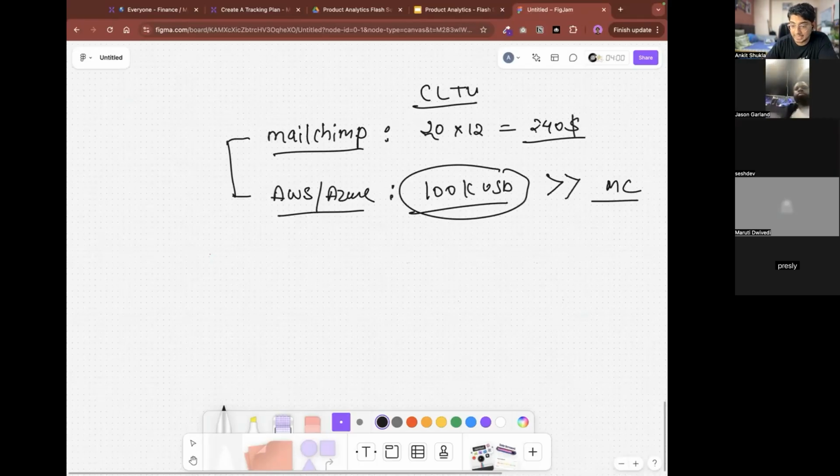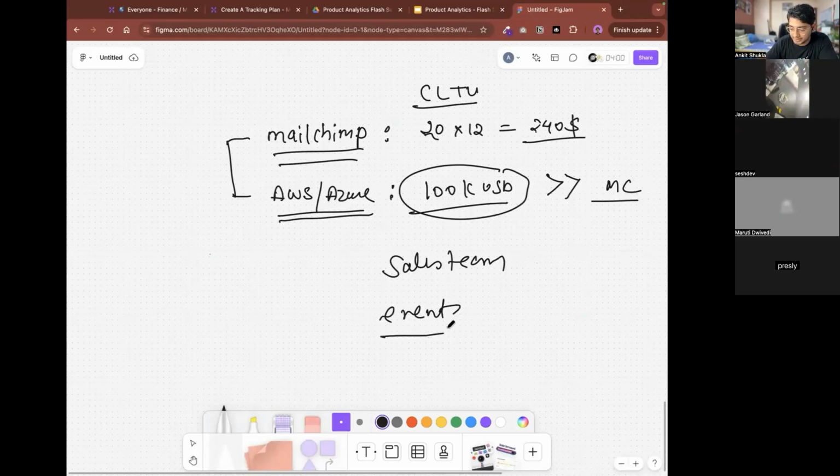Which also means that if AWS or Azure has to choose a sales or marketing channel, they can go with their on-ground sales team. They can sponsor events. They can spend much more in marketing because their LTV is very good. So your channel of distribution will also depend upon how much your LTV and how much your CAC is. LTV stands for lifetime value and CAC stands for cost to acquire a customer.